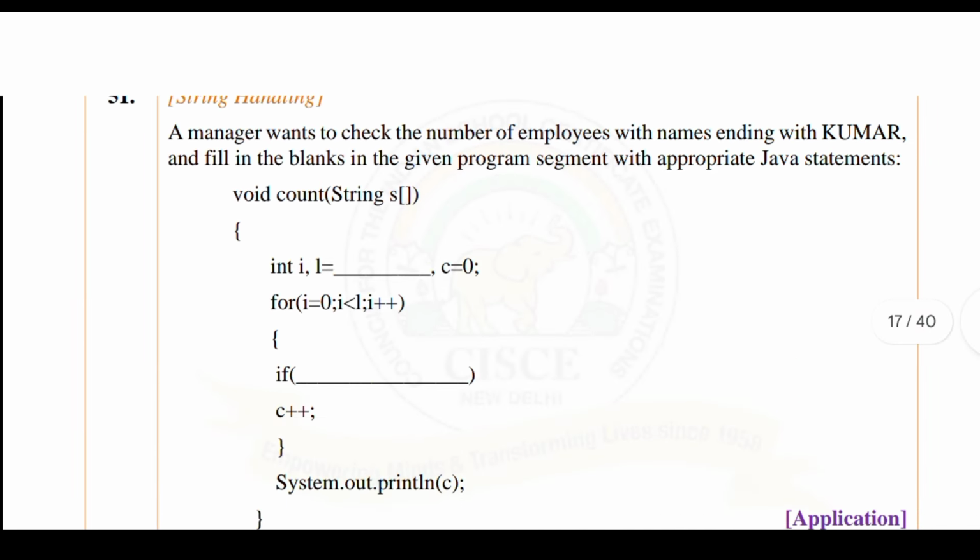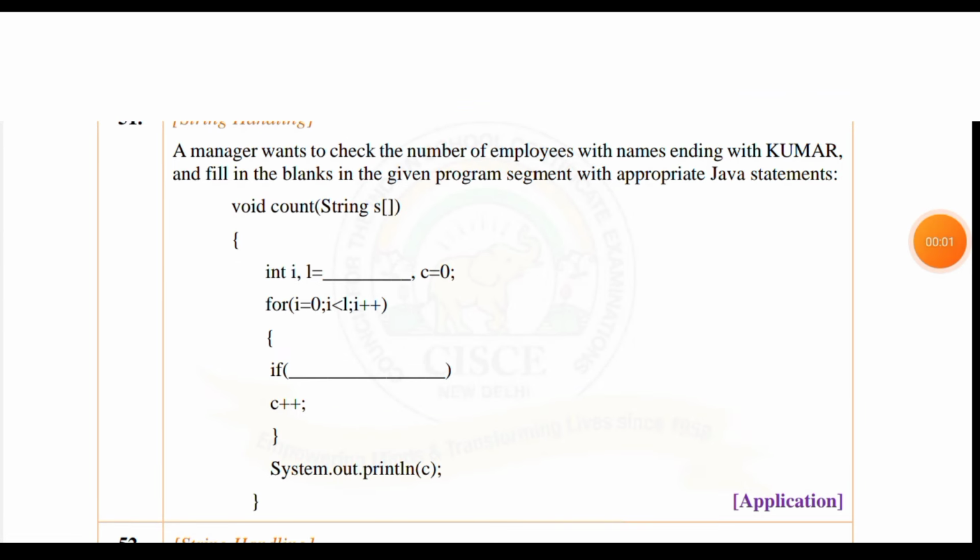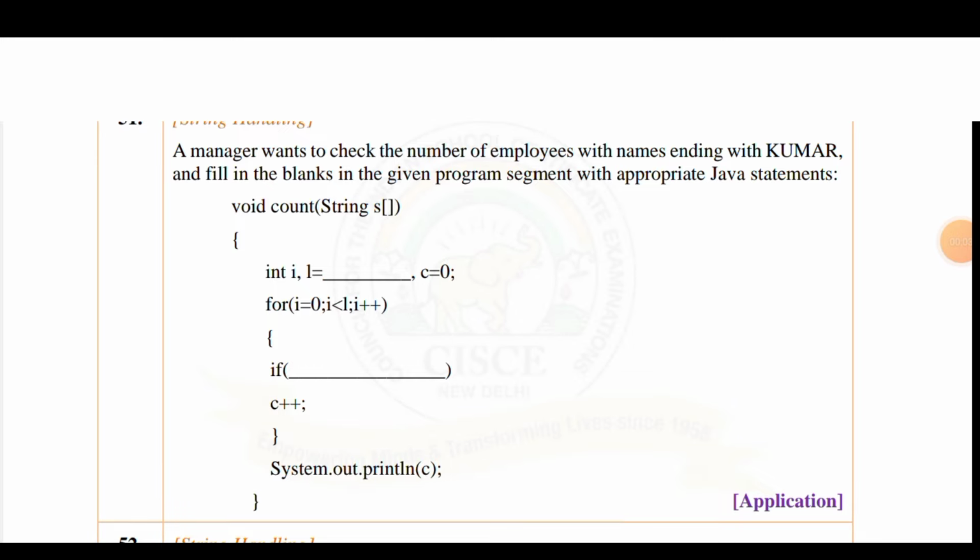Now let's go to the next question, question number 51. Based on string handling only, in this count method we have a string type argument s, int i, and l will store the length of the string, the number of characters. So in the first blank we write s.length, since the string name is s. c is equal to 0, and the loop runs from 0 to less than the length, meaning each character will be checked.